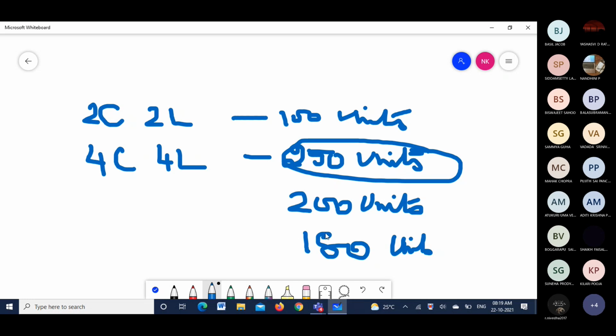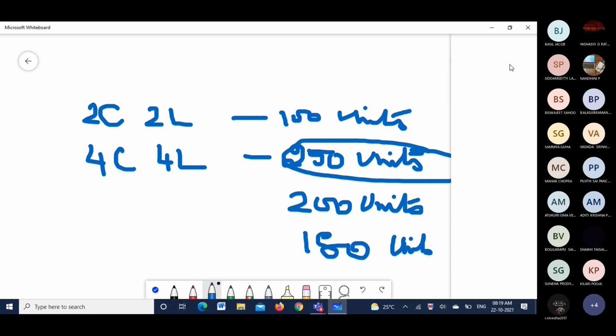So this is what returns to scale is about. When you use the same proportion of input combinations, labor and capital, the returns you get, whether increasing, constant or diminishing, tell us the returns to scale.